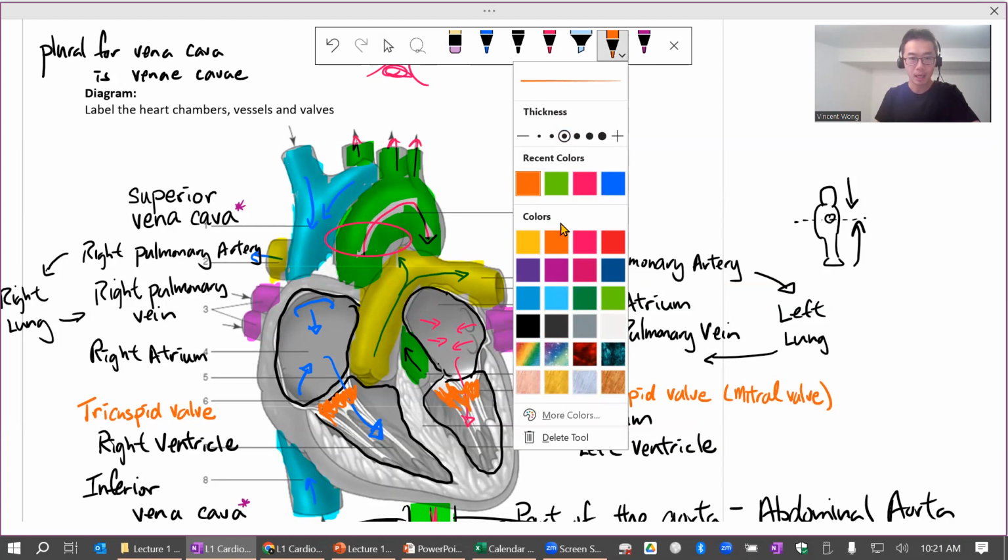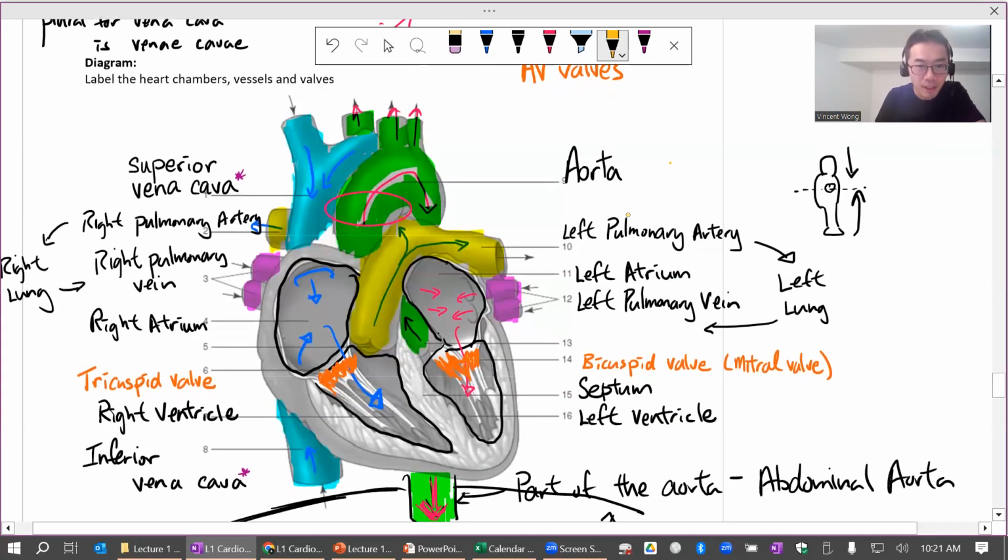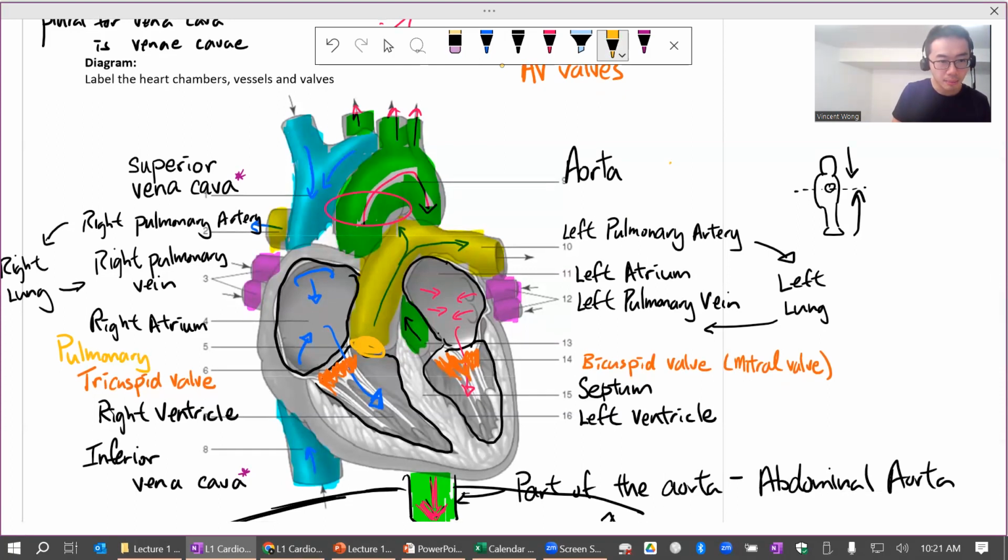Let's choose a different color here. What have I not used? Does yellow show up? It kind of shows. All right. Over here we have another valve right at the entrance of the pulmonary artery. We call that the pulmonary valve. Sometimes folks call it the pulmonary semilunar valve, but pulmonary valve is fine.